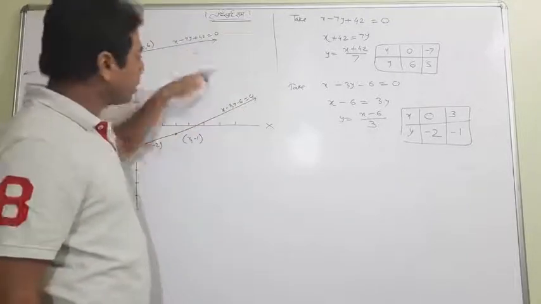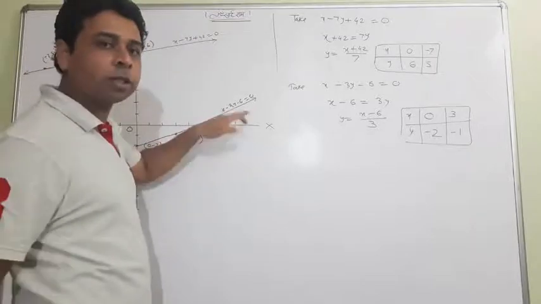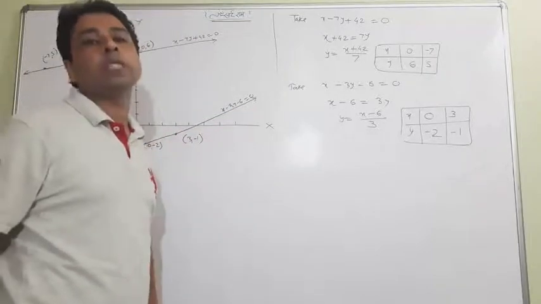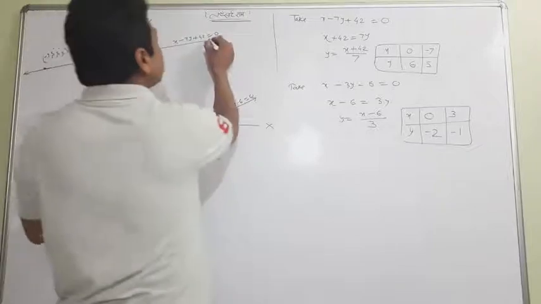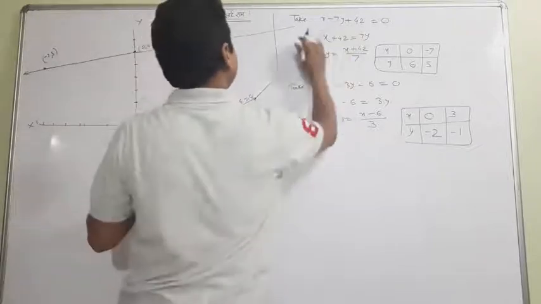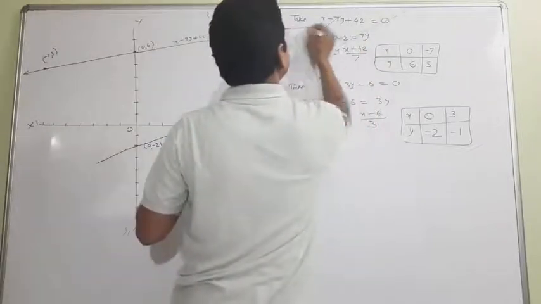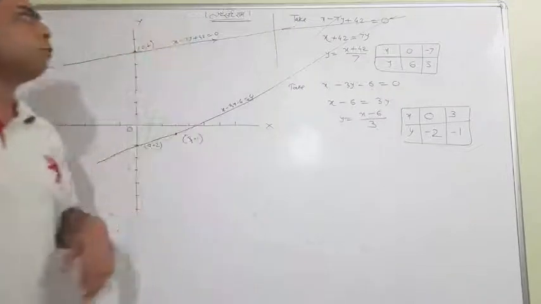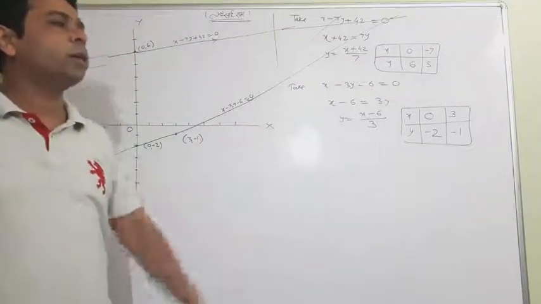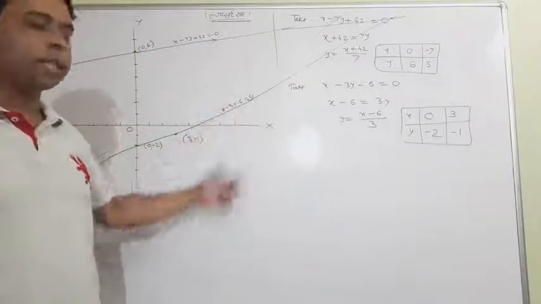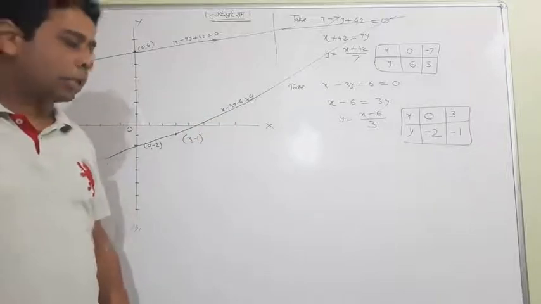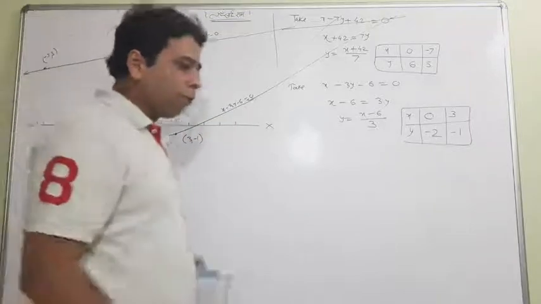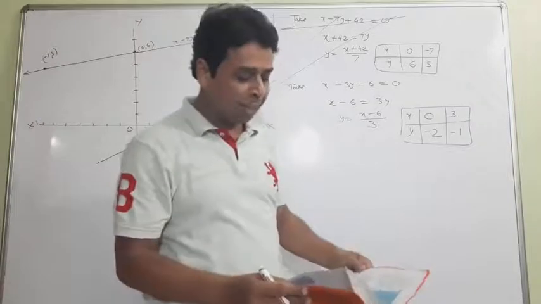Second, the two lines are not parallel, meaning intersecting. And third, the two lines may coincide. But this time, when I extend this, definitely it will meet at a point. So we don't have to worry. These are intersecting, not parallel lines. Student, it is good enough, what I wanted to explain to you.